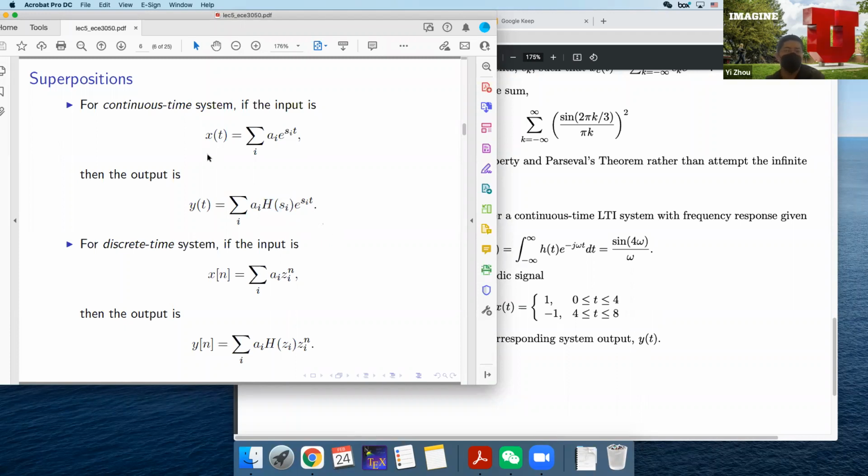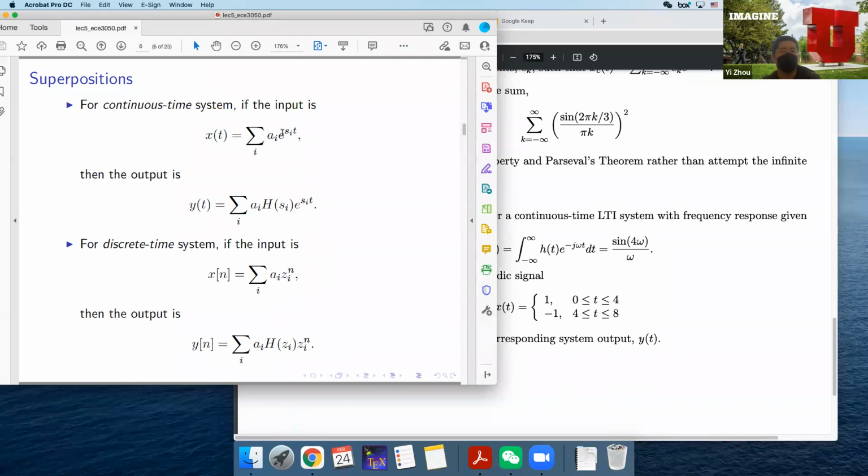So the idea is to first decompose the input into these eigenfunctions, eigensignals, by following the Fourier series, right? And then because it's LTI, the corresponding output is basically given by this one. Every eigenfunction in the Fourier series will be passed into the system, and then we sum them up.